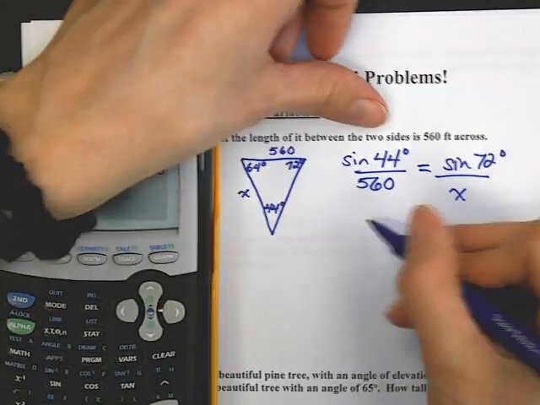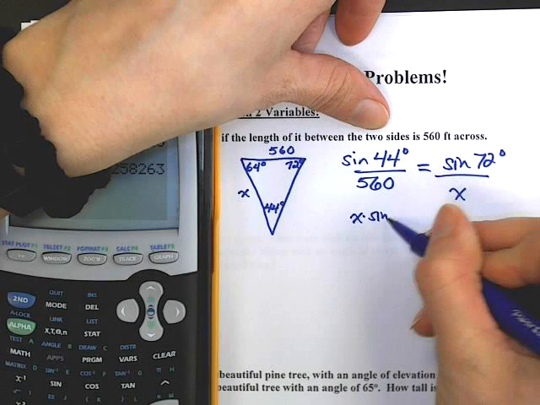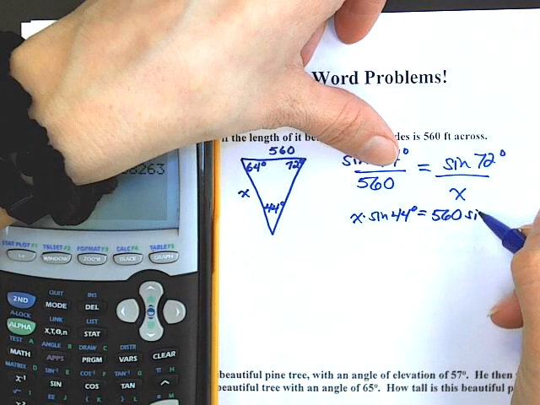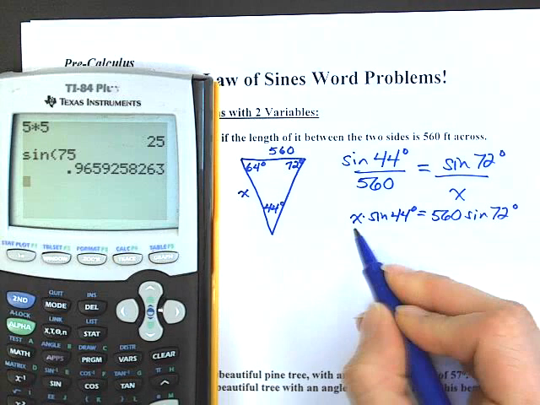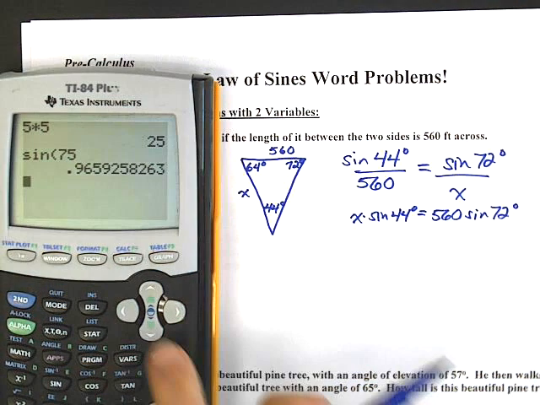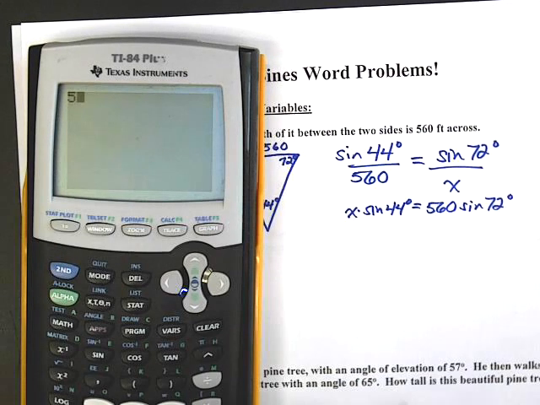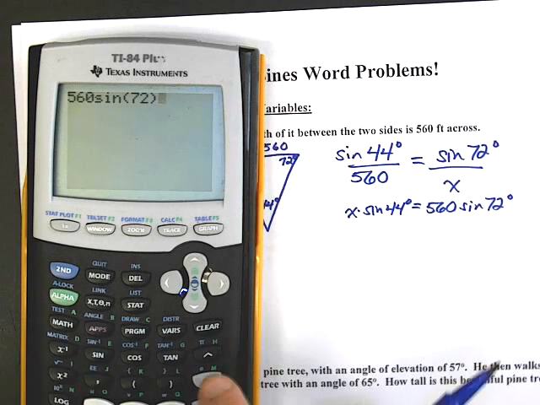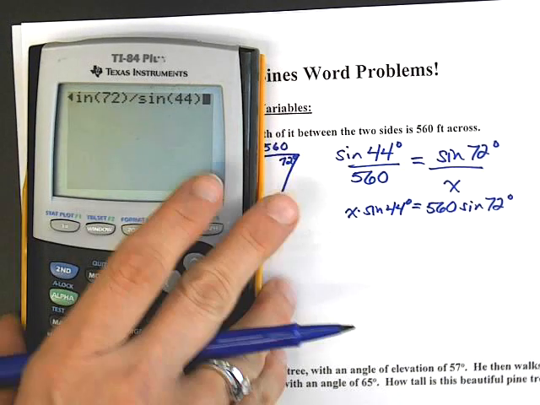When we cross multiply, it's x times the sine of 44 equals 560 times the sine of 72. We'll have to divide both of them, so I'm just going to use my calculator here. 560 times the sine of 72, let's divide that by the sine of 44 degrees.